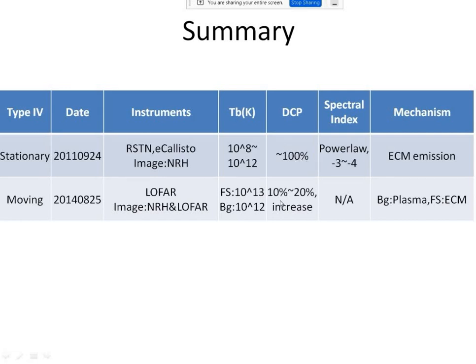For the moving type 4 radio burst, it's 10 to 20%, and there is a gradual increase. For the spectrum of the stationary type 4, it's a power law spectrum with alpha being -3 to -4. But we didn't do it for the moving type 4 radio burst. And we conclude that the stationary one is generated by ECM emission, but for the moving type 4, we say that the background is plasma emission and the fine structure is ECM emission.